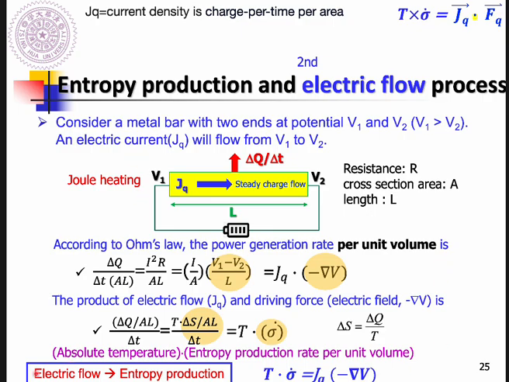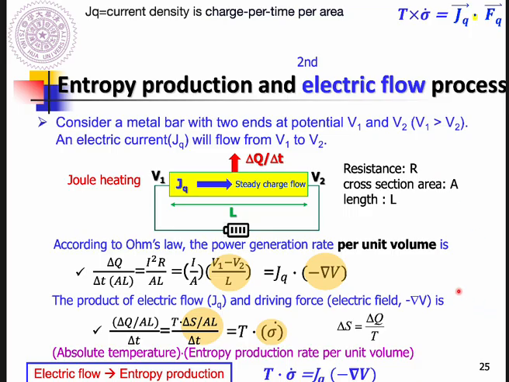This case also tells us that electrical flow always generates entropy, and how much entropy is generated. As long as you know the temperature, JQ and FQ, then you can get the sigma dot. Okay, so this is for the electrical flow process.